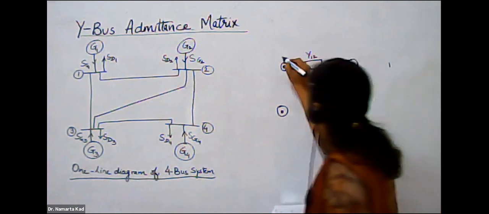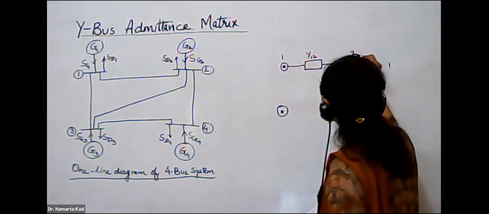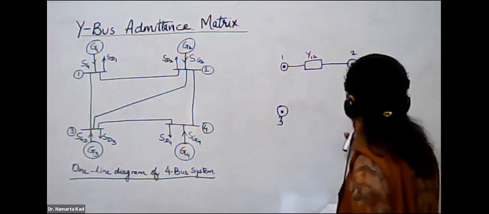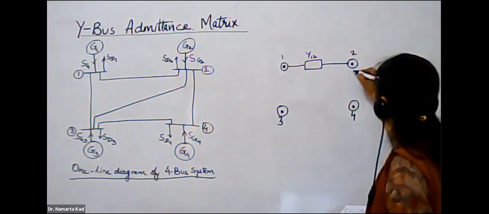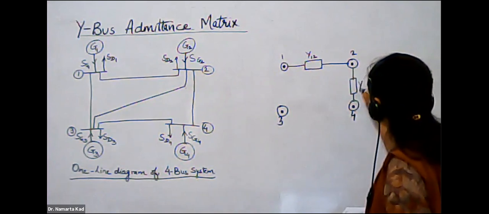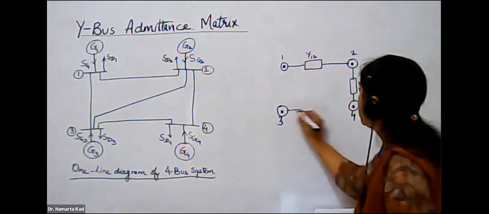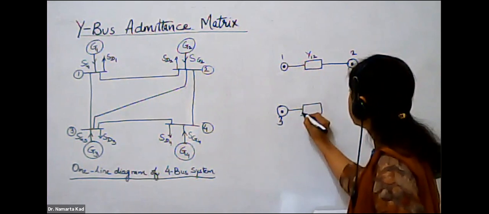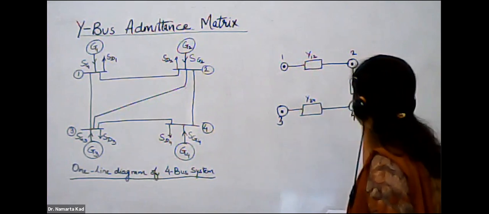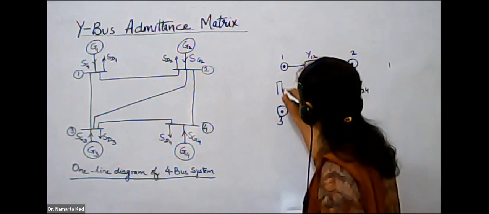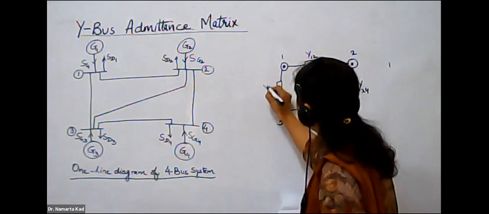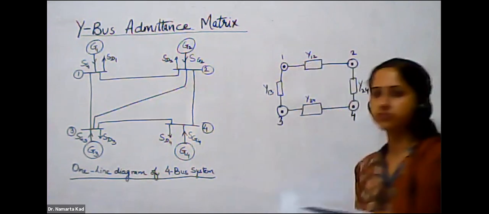Similarly, just mention it here 1, 2, 3, and sorry, this one is 3 and here it is 4. Now simply connect one admittance here and this one is Y24, one here, this one is Y34, and this one is Y13.